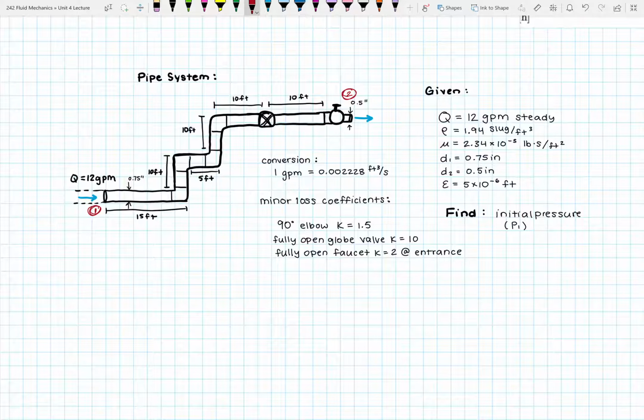I think it's kind of obvious given the setup of everything, but we definitely want point 2 to be right at the outside of this final point, because that makes our life a lot easier, because the pressure here is going to be 0, the gauge pressure, because we're open to the air, so it's just atmospheric pressure there. Alright, so now that we have that explained, let's get started.